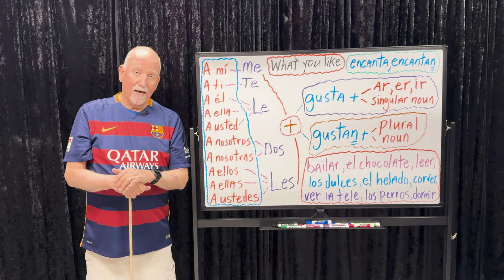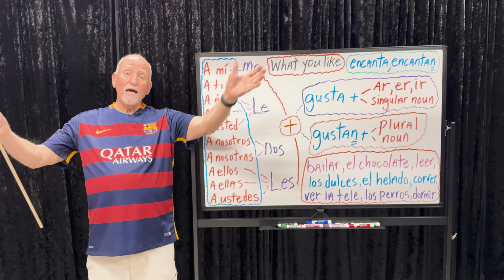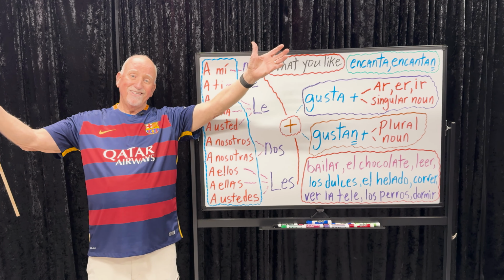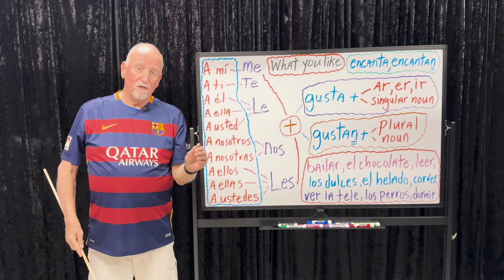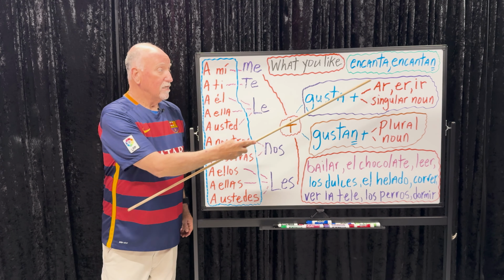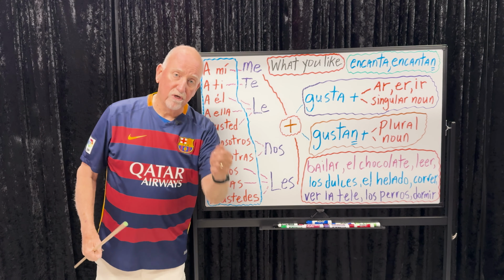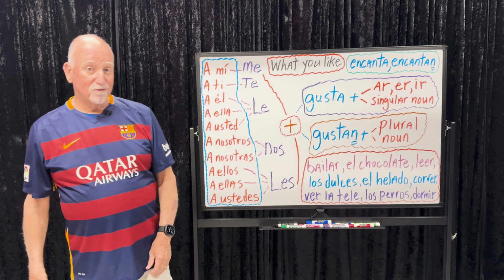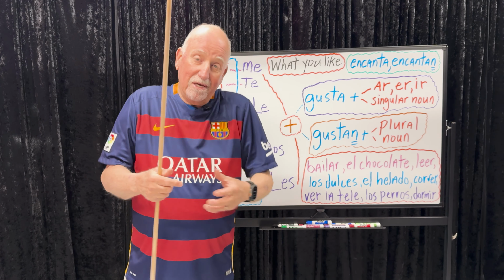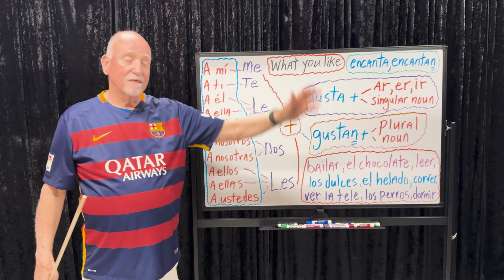No. A los estudiantes no les. Yes, les. A los estudiantes no les gusta tomar exámenes los lunes. Students don't like to take tests on Mondays. You want to stretch that baby out? Porque, because, and take off down the road with a long sentence.